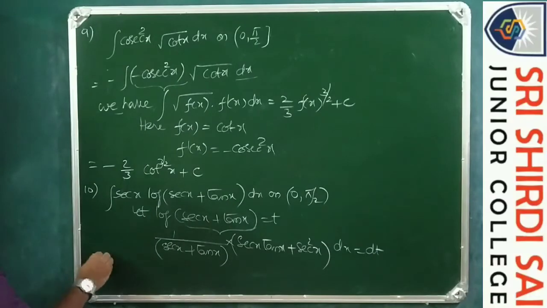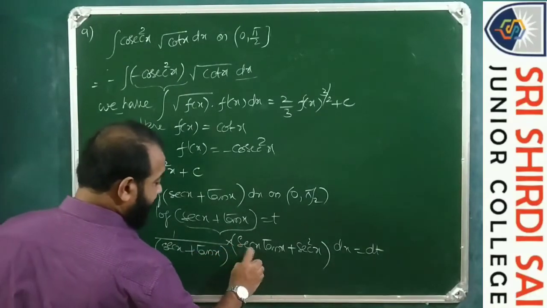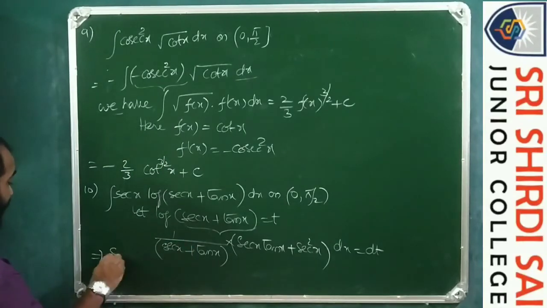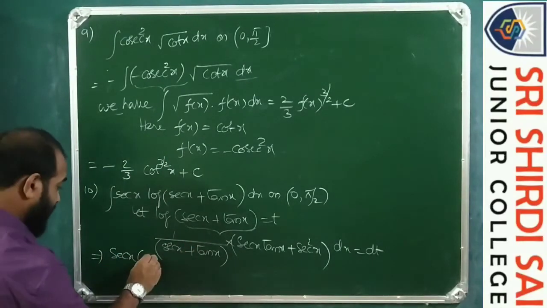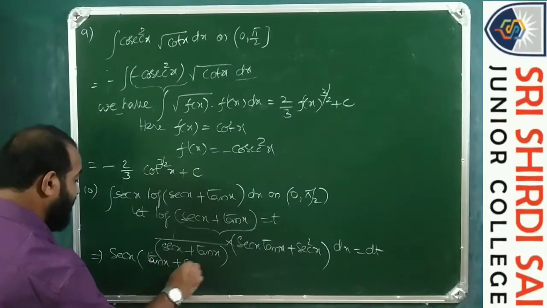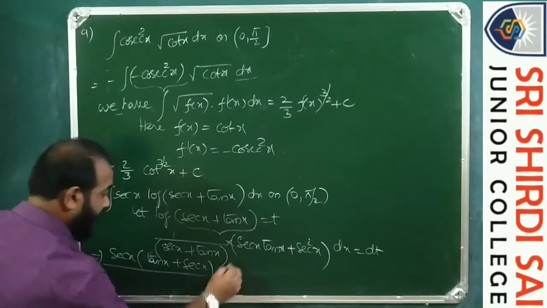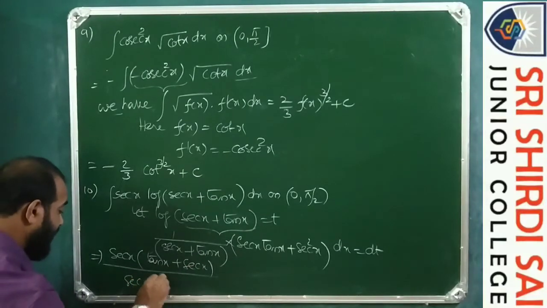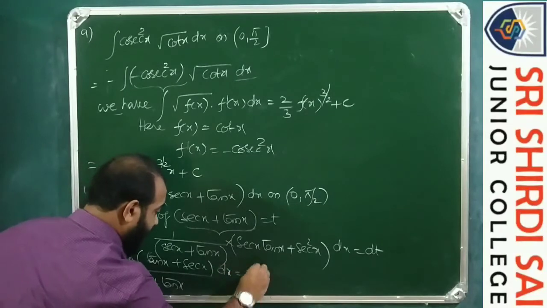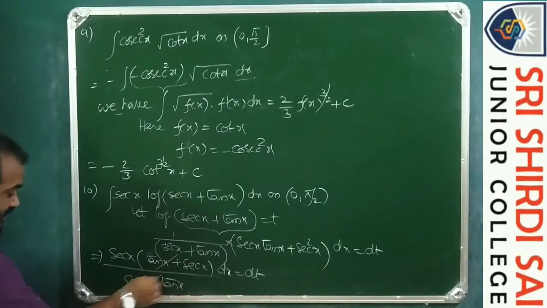Now if you take secant x common in the numerator, this is secant x into tan x plus secant x, divided by secant x plus tan x, dx is equal to dt. So this gets cancelled.